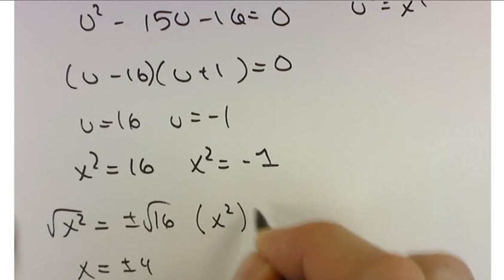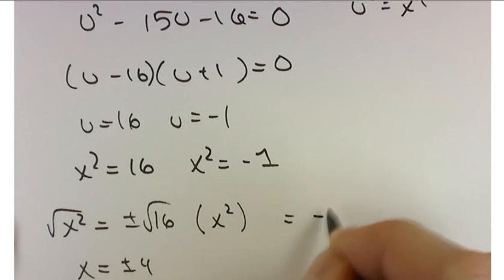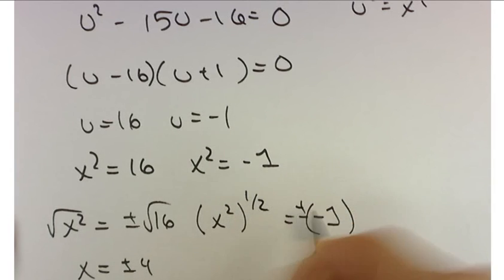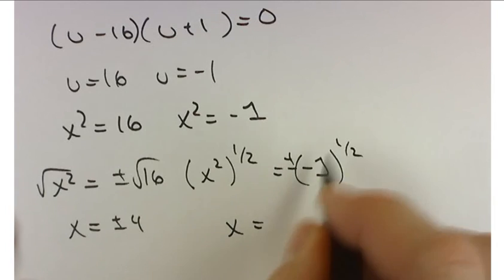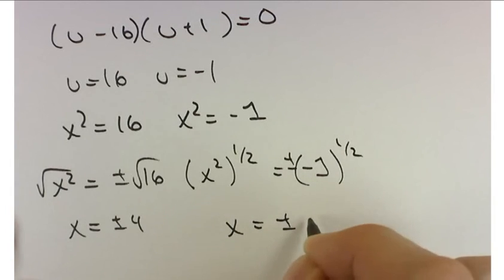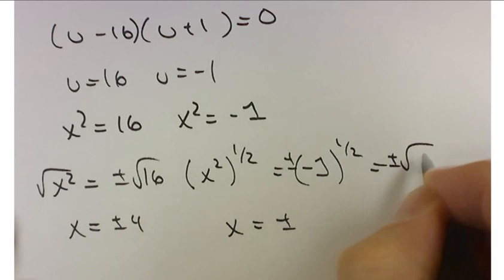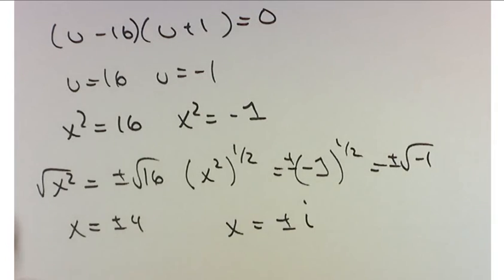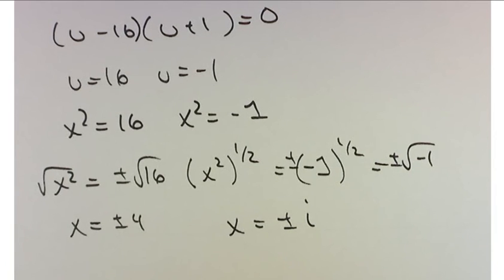What's the reciprocal of 2? 1/2. Now, because this is even in the numerator, you would use plus or minus, but you're still going to end up with plus or minus the square root of -1. What's the square root of -1? I. So, again, we get 4 solutions.